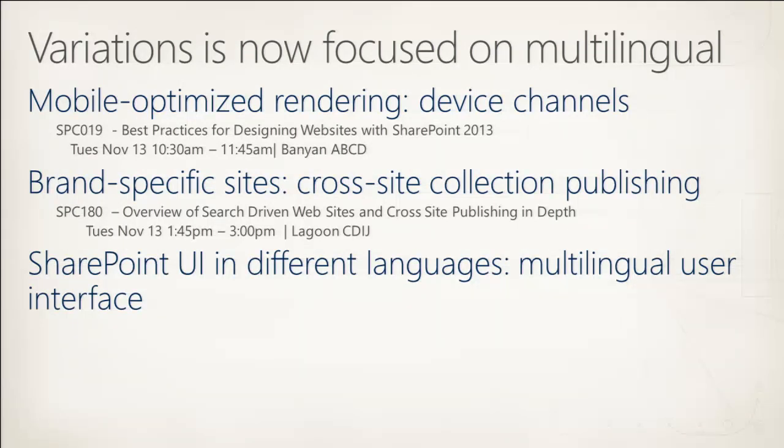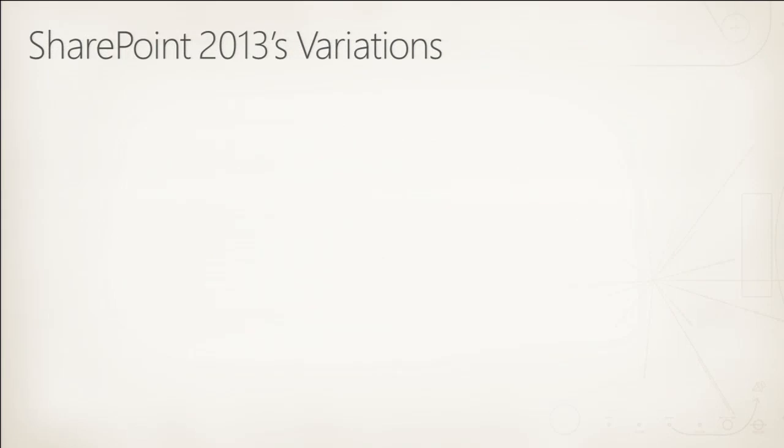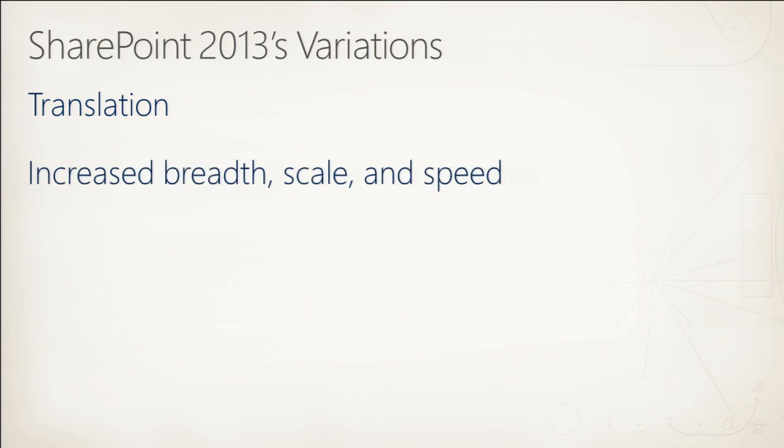So let's talk a little bit about what's new in variations. The first thing we've done in 2013 is we've deeply integrated machine translation and human translation capabilities into variations. Another thing that we've done, we've increased the breadth, scale, and speed. We've made a variety of improvements around performance, server citizenship, scalability, and just the types of content that we'll propagate.